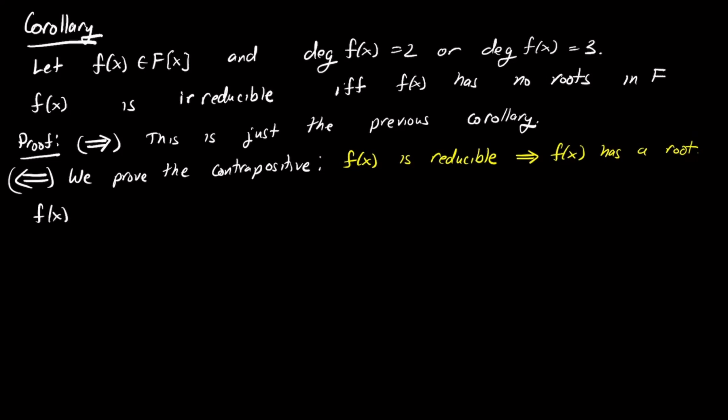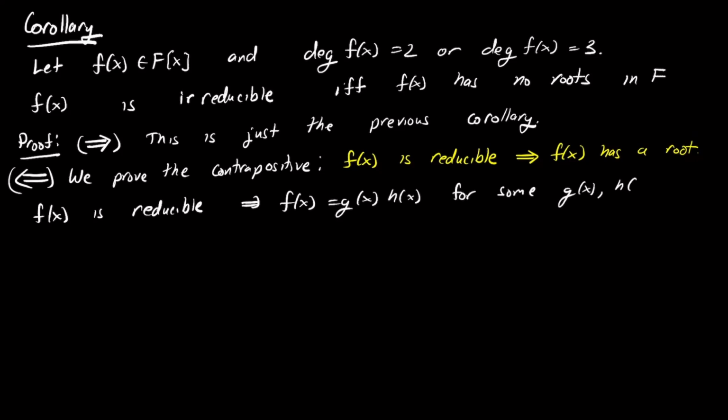So f of x is reducible. That implies that f of x can be written as g of x times h of x, and we know that g of x and h of x are both polynomials in F bracket x. The other thing I know is that these have smaller degree.